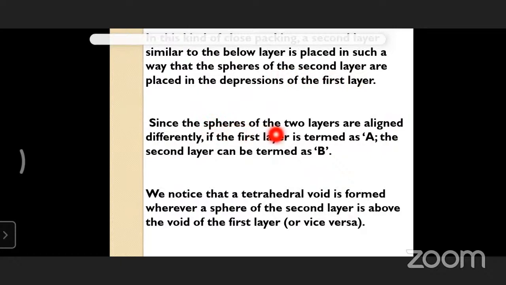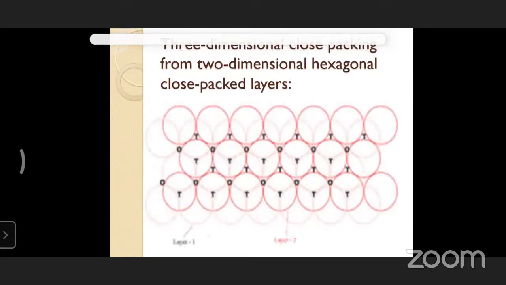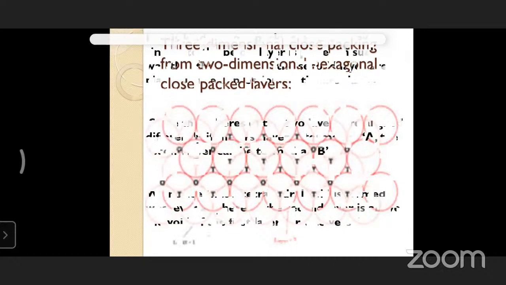Since the spheres of the two layers are aligned differently, you can observe the two layers are aligned in a different manner. It means the second layer is not exactly on the first layer. This one starts here and the second layer starts from here. So these two are arranged in a different manner, or not?